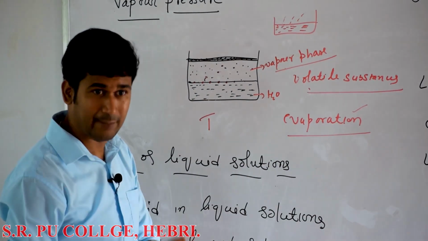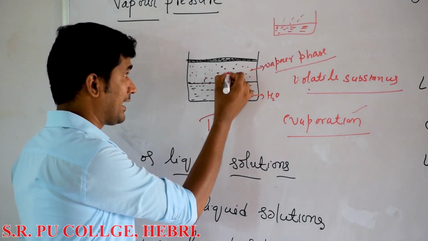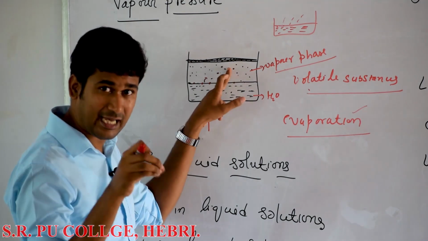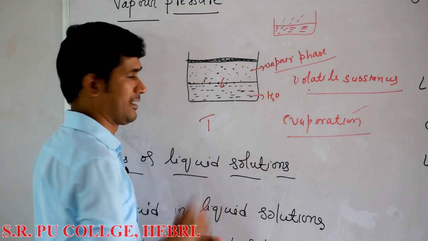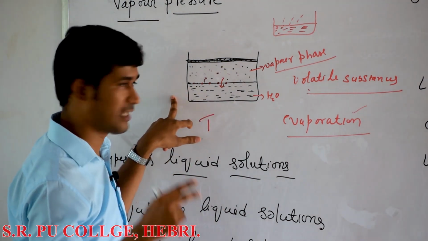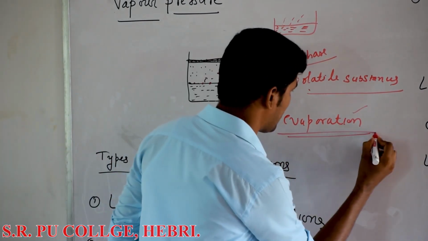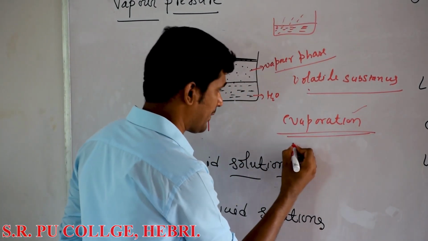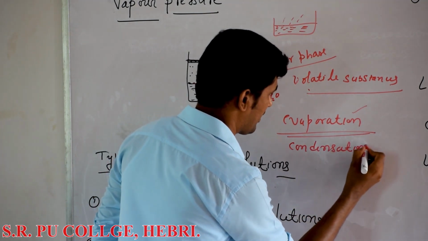At the same time, some of the molecules in the vapor phase, in the gaseous phase, condense back into liquid. So now we can see two types of processes. One is the process of evaporation, and the second is the process of condensation.